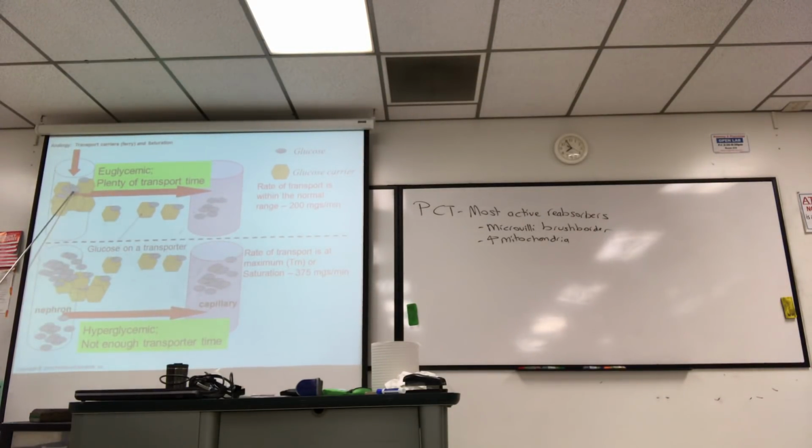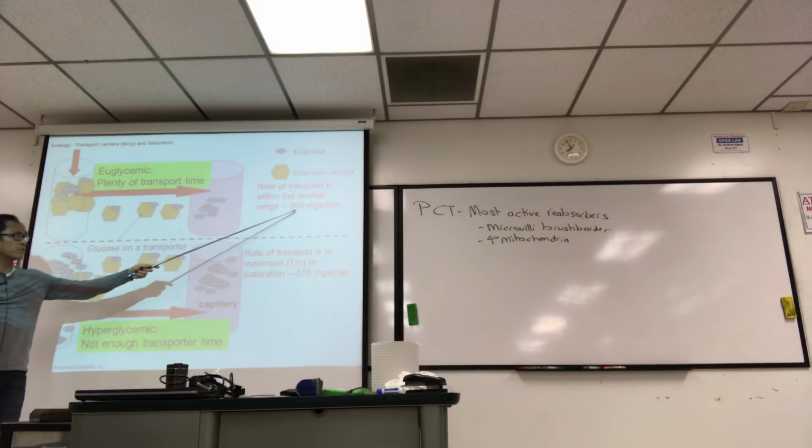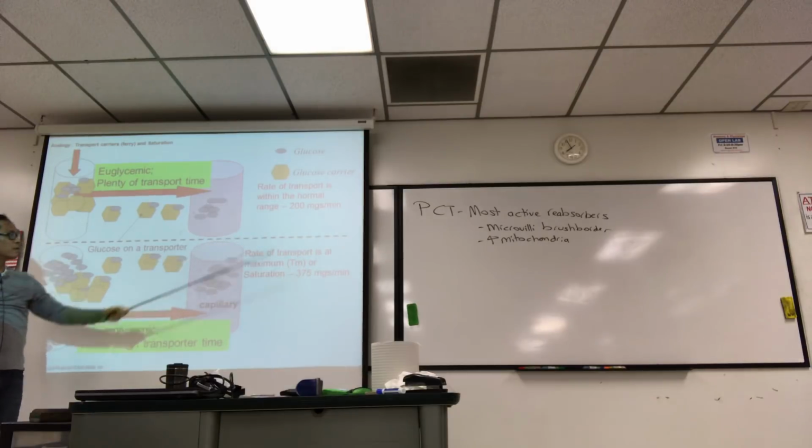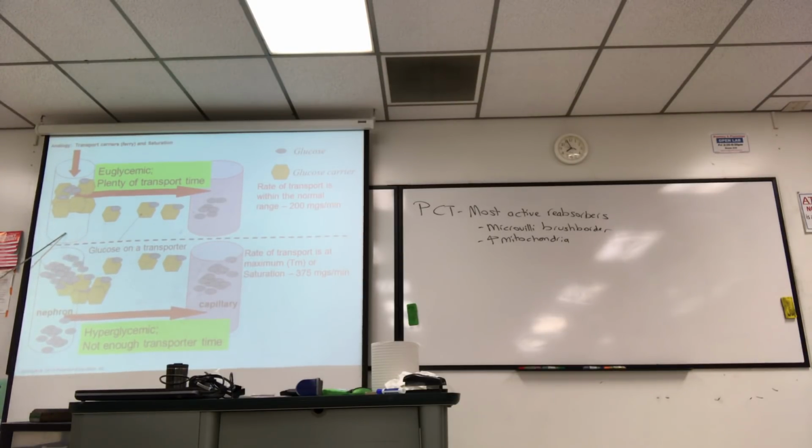If there are enough carriers to carry this glucose, you can get 100% to the blood, as long as not too much is filtered. There's a rate of transport at which you can take the glucose to the blood. If there's not too much glucose, you're euglycemic, and there's plenty of transport time to get all the glucose to the blood so that nothing is excreted.